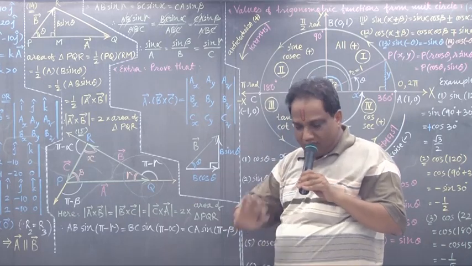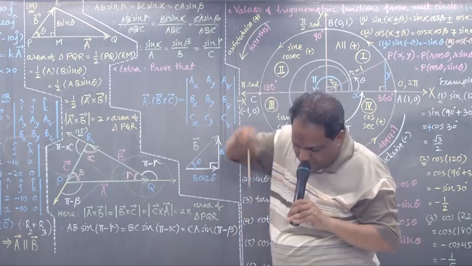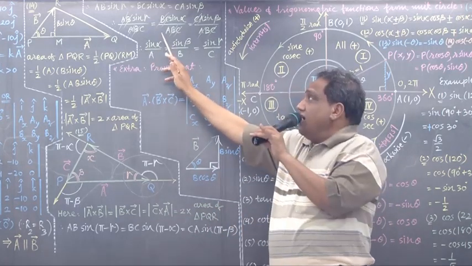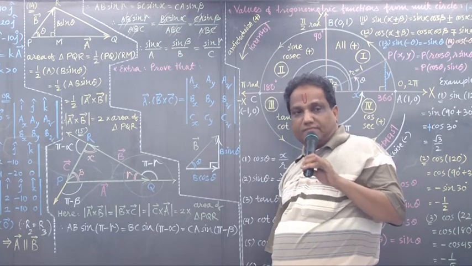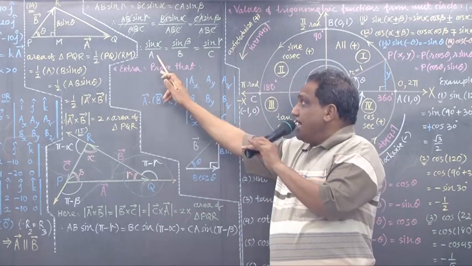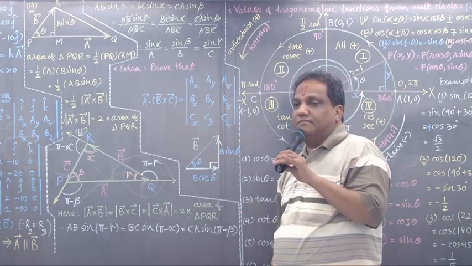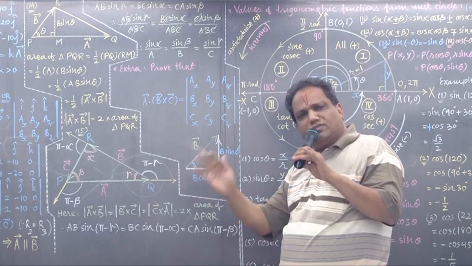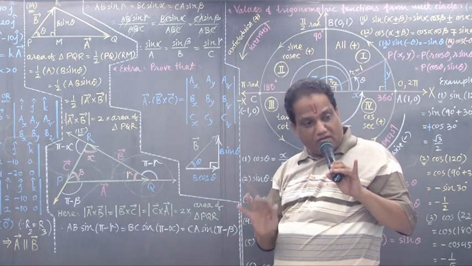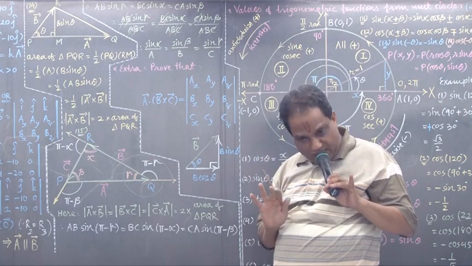I repeat, ratio of sine value of any inner angle of a triangle to the side opposite to that angle remains constant. Simple. This rule is called sine rule. Got it? Please remember.